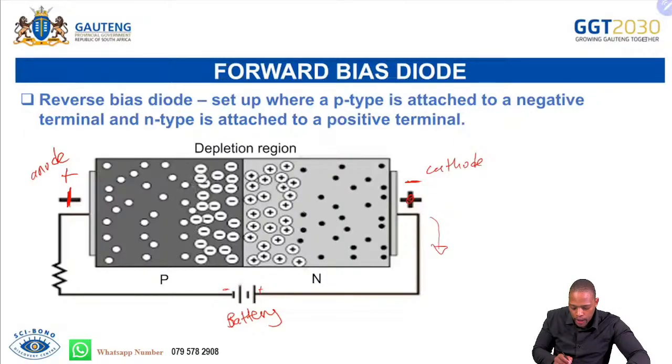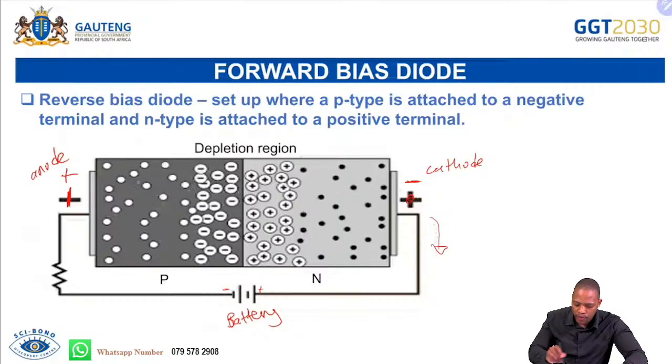If we continue pumping more electrons this side, the electrons that were supposed to be moving like this cannot cross. We are increasing the depletion region. And when these electrons are being attracted this side, we are further increasing the positive charges, so electrons cannot migrate through to the other side.